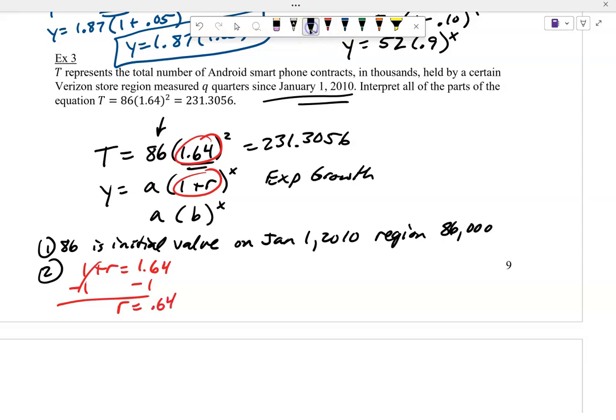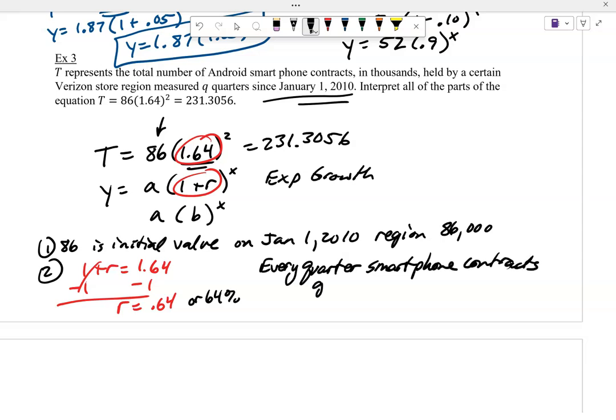So every quarter, or 64%, smartphone contracts are growing by 64%. Huge growth, right here.